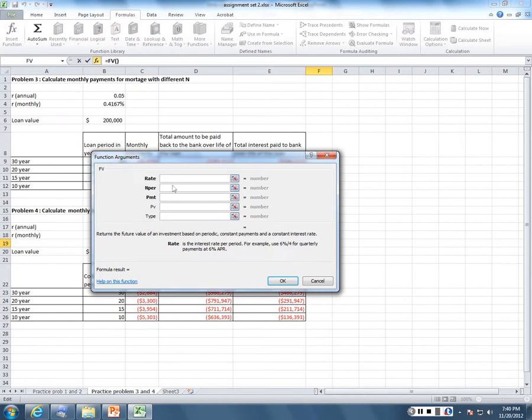So let's say, for example, we assume a 6% growth rate, we're doing it for 10 years, and we're putting in $500.